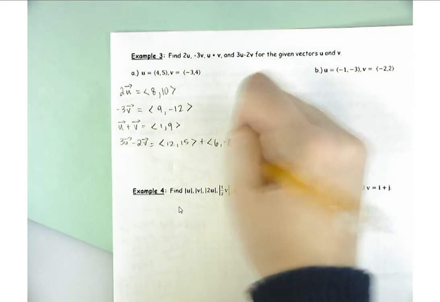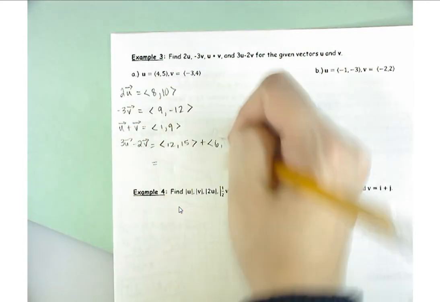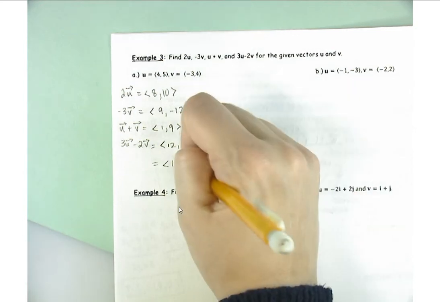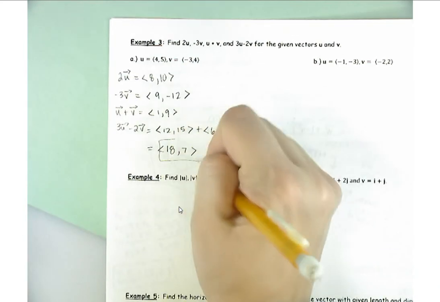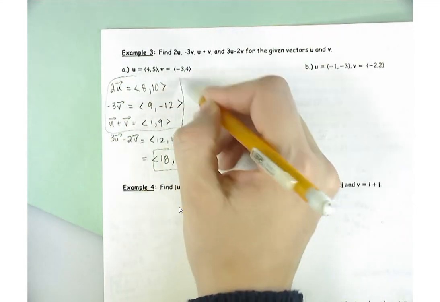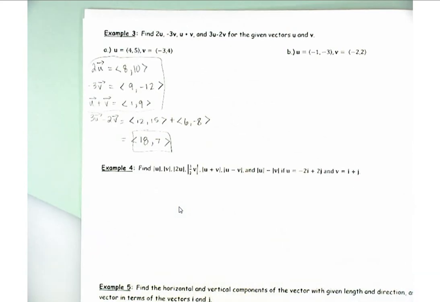And then I can go ahead and just add those together. So 12 plus 6 would be 18, and then 15 minus 8 would be 7. And so that would be my final answer. Okay, so if you haven't already finished B, will you finish that for me, please?